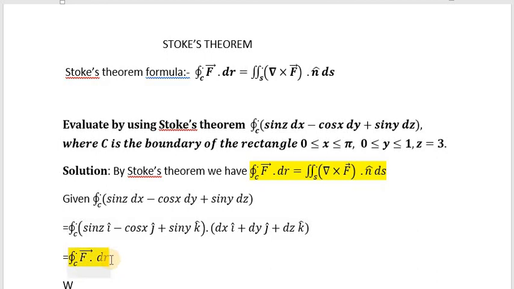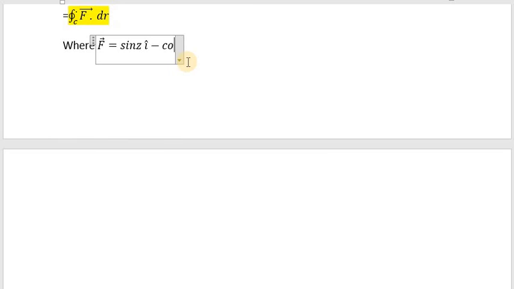So this is nothing but the dot product f dot dr, where f is sin z i minus cos x j plus sin y k, and dx dy dz together make dr.